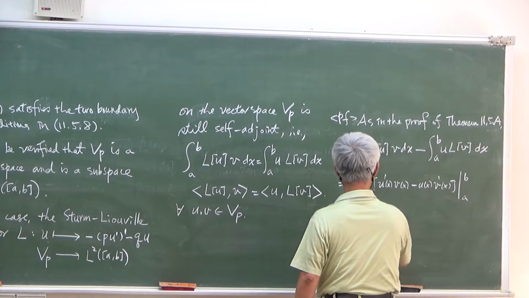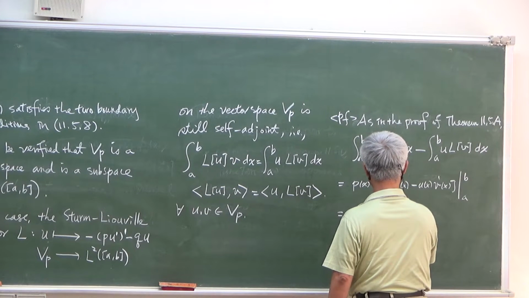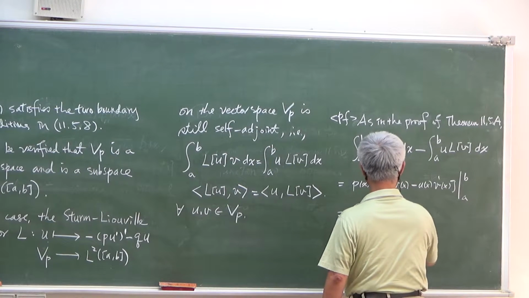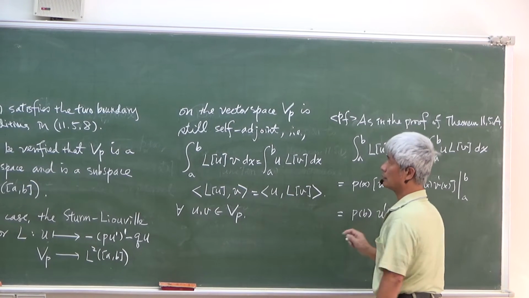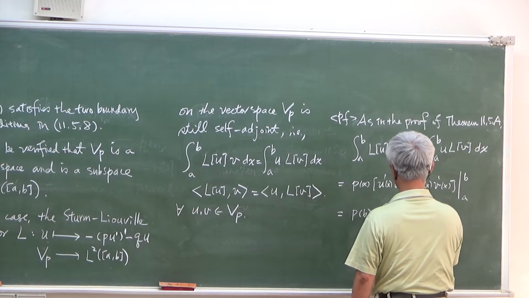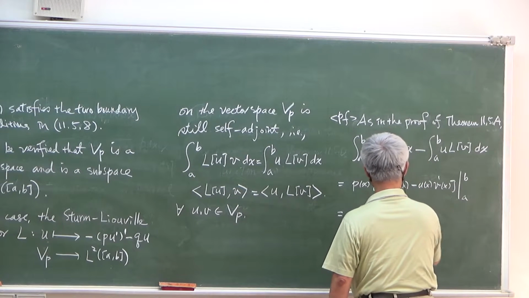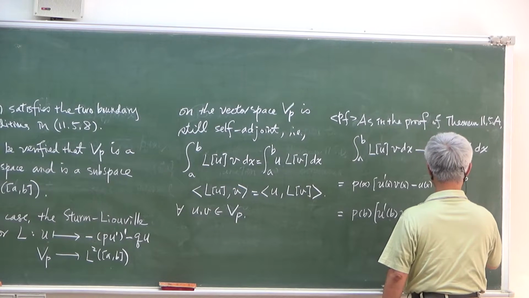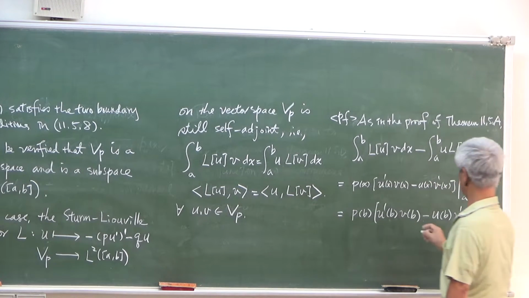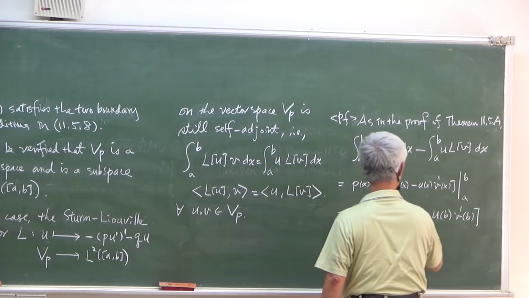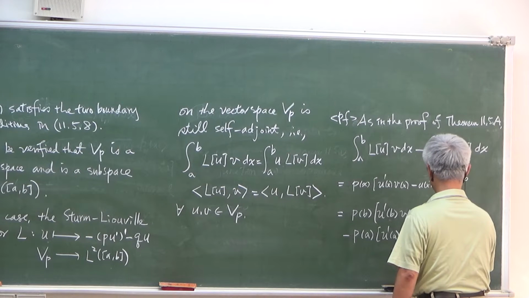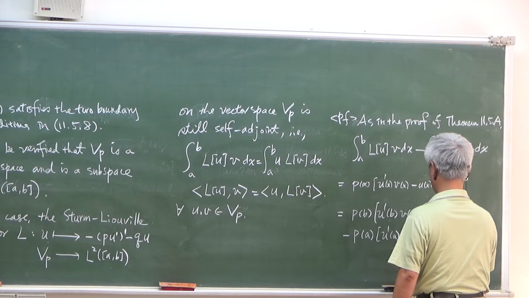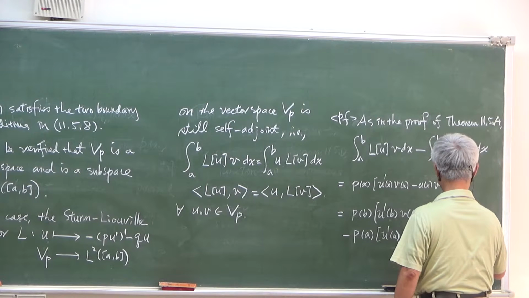Okay, so this is p(b), okay, and u prime (b) v(b) minus u(b) v prime (b), okay, this one, and minus p(a) times u prime (a) v(a) minus u(a) v prime (a).